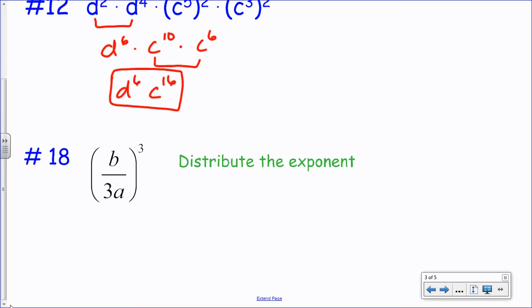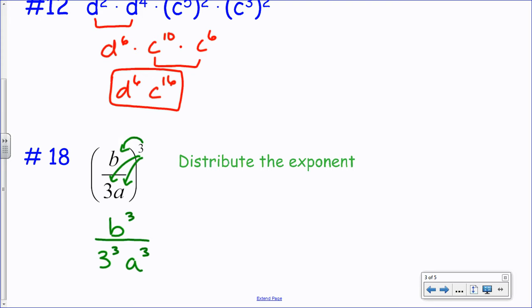How many bases are there on the inside? There are 3 bases. You have B, 3, and A. So distribute to all 3 bases. Keep them in the numerator and denominator, wherever they started. So B to the 3rd, 3 to the 3rd, A to the 3rd.